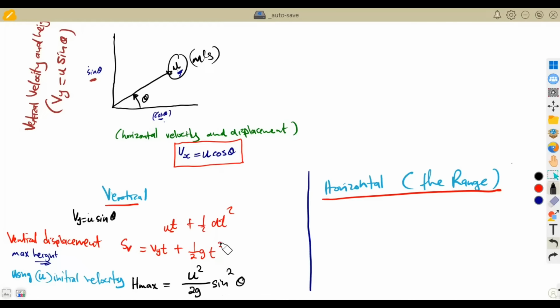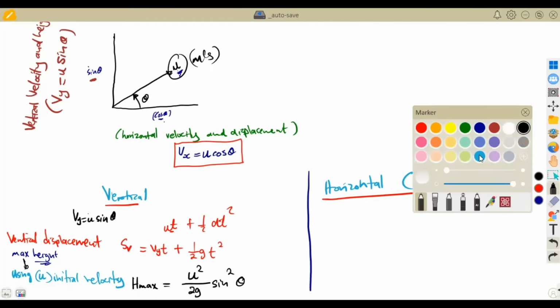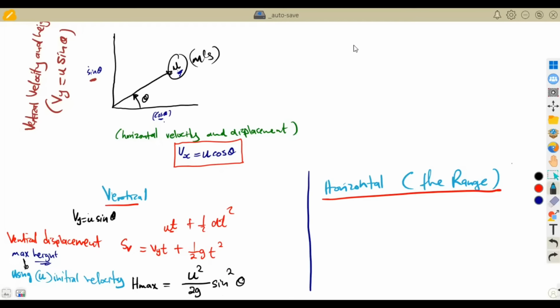But now we are saying at this maximum height that we are talking about, if you wanted to use this velocity, the displacement whereby we talked about the initial and also finding Vy, which is the vertical component, it means we are going to have this written as: at maximum height, h max is equal to v squared minus the initial velocity, which is Vy squared, everything over 2g.